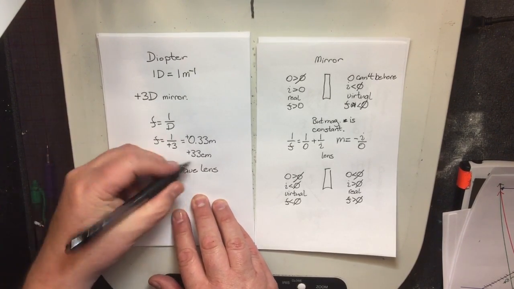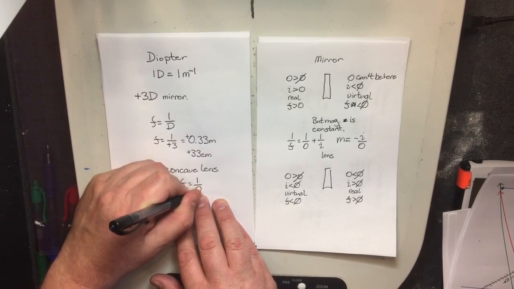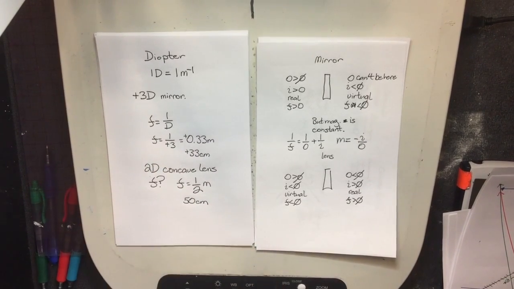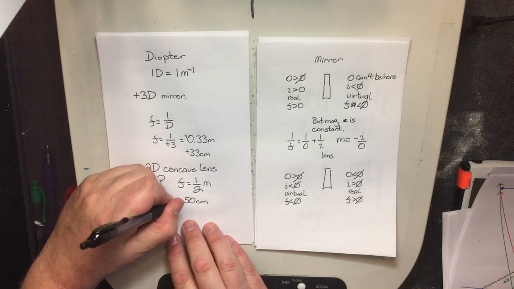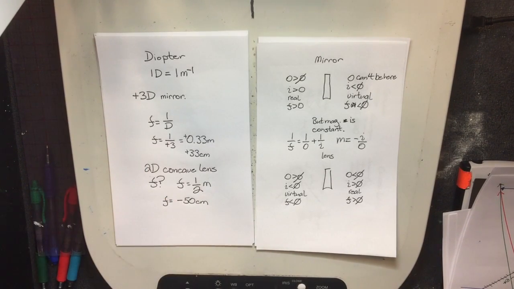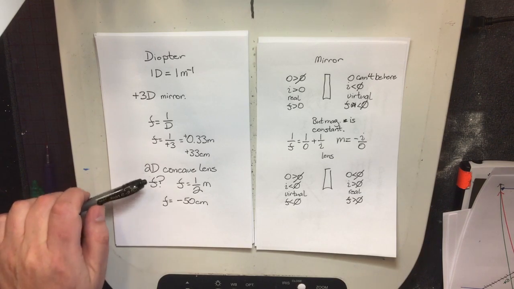So the focal length magnitude is 1 over 2 meters, or 50 centimeters. But by the fact that I wrote down on the page that it's a concave lens, is it positive or negative? It's negative. So the focal length is negative 50 centimeters, because I said it was a concave lens. Concave lenses are diverging lenses. Diverging lenses have negative focal length.